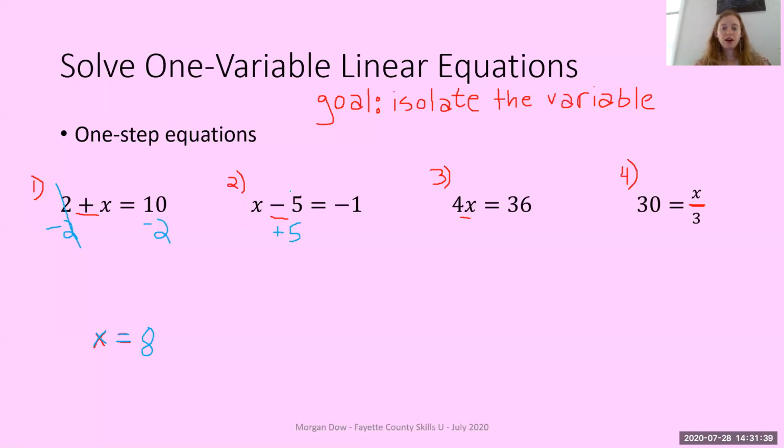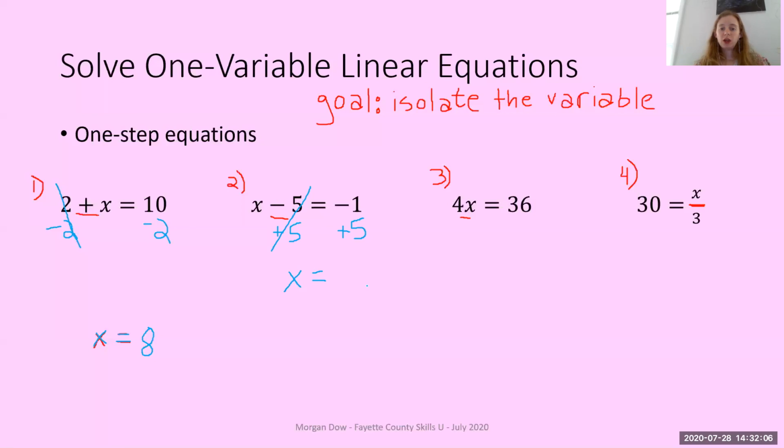Minus 5 plus 5, those will go to 0, they'll disappear. Since I added 5 on the left side of the equation, I need to come over to the right side and do the same thing, add 5. So I'm going to bring down my equal sign. On the left side, we canceled out our minus 5, so all that's remaining is x.